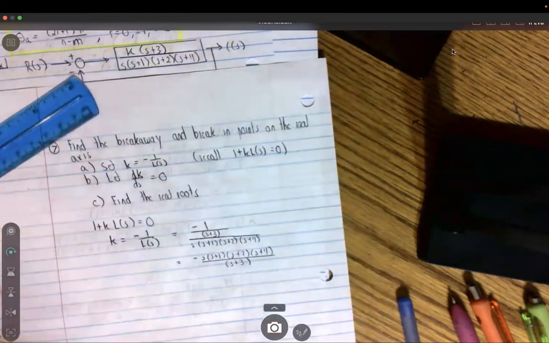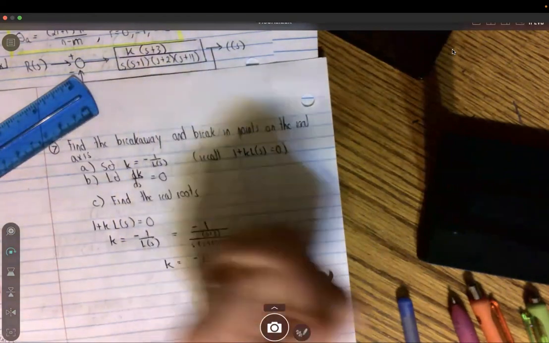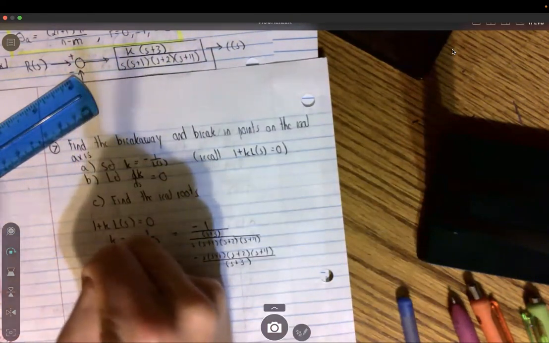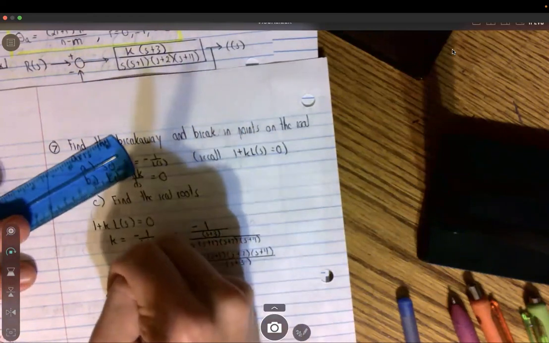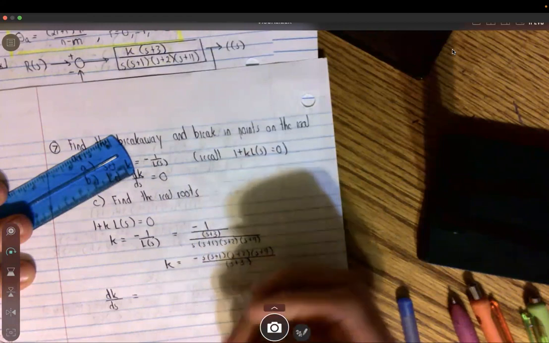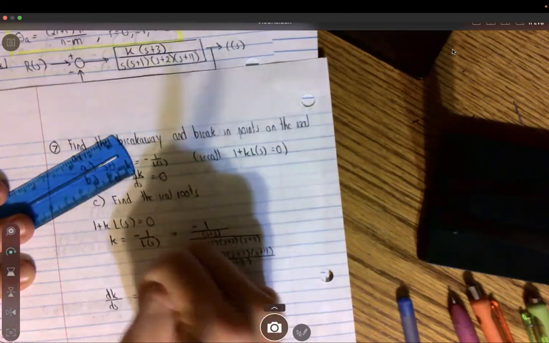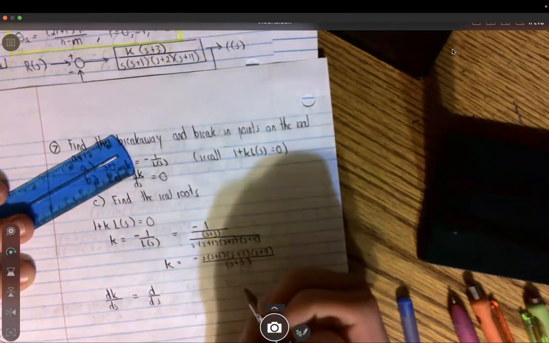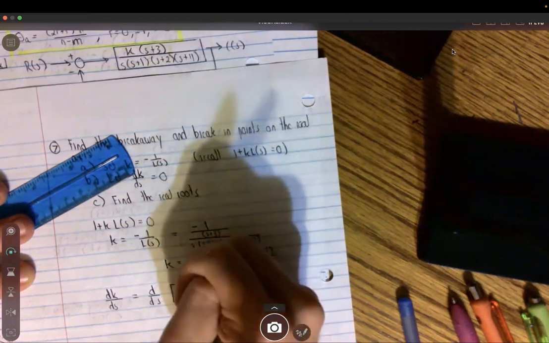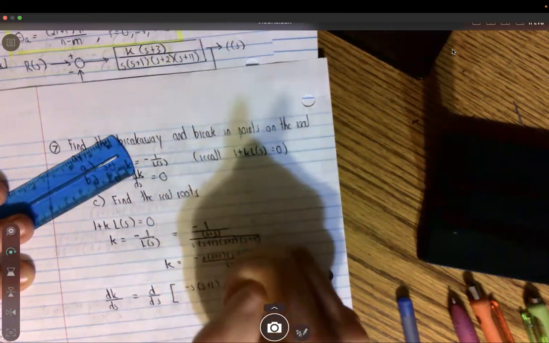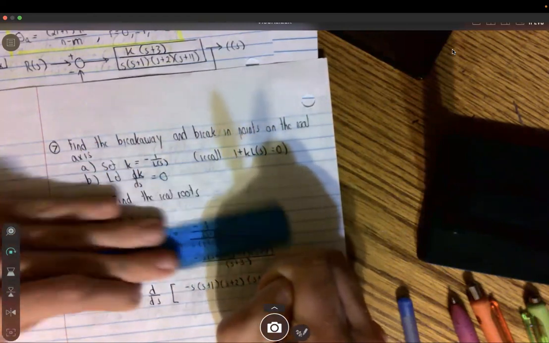Now that we've got that, for a value of k, we need to find dk/ds. In order to do that, we need to find the derivative of this expression: negative s times s plus 1, s plus 2, s plus 4, all over s plus 3.